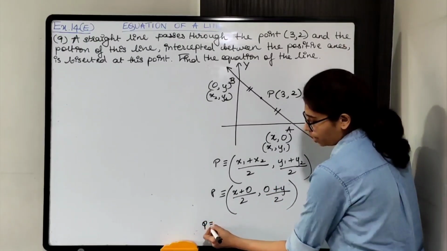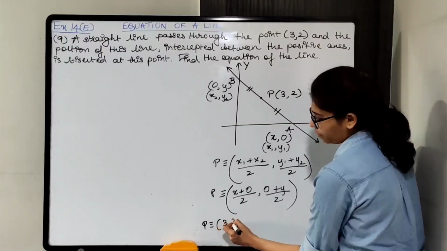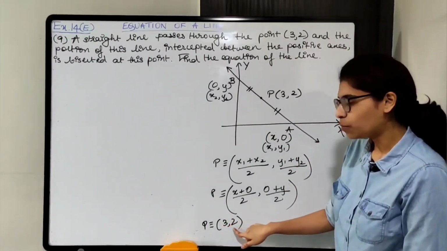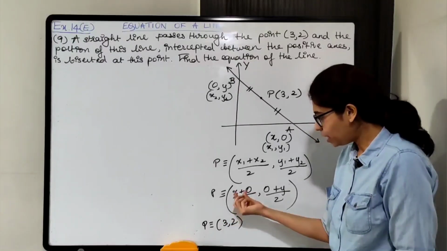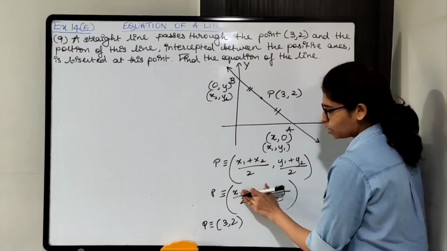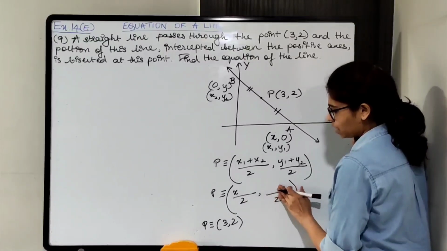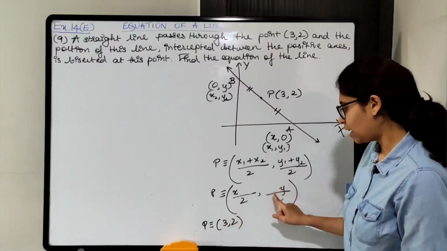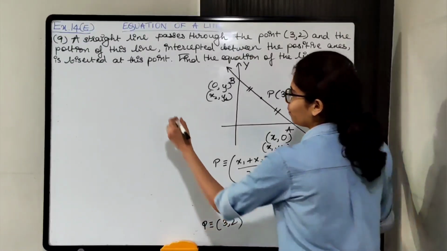But we already know the coordinates of P. We already know it is (3, 2). So 3 should be equal to x upon 2. x plus 0 is nothing but x upon 2, and 0 plus y is nothing but y upon 2. So x upon 2 is equal to 3 and y upon 2 is equal to 2.